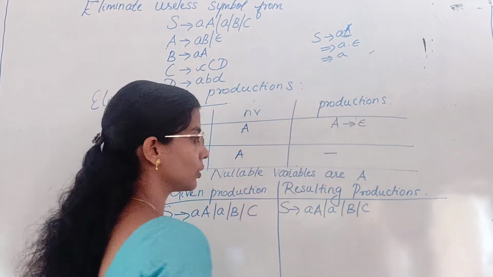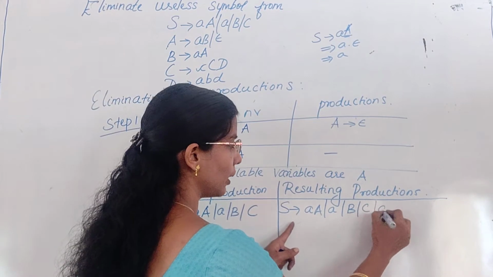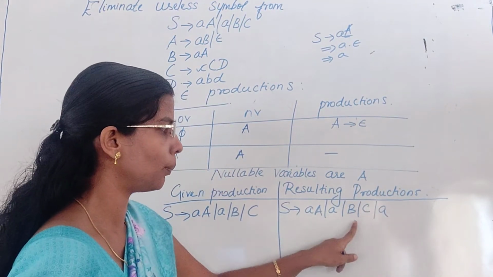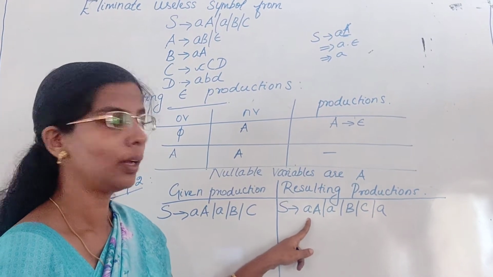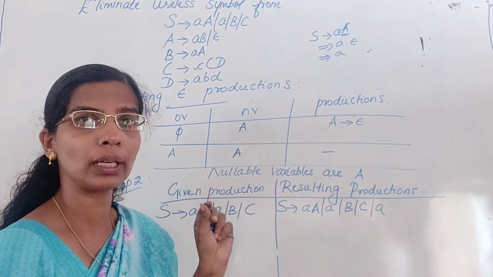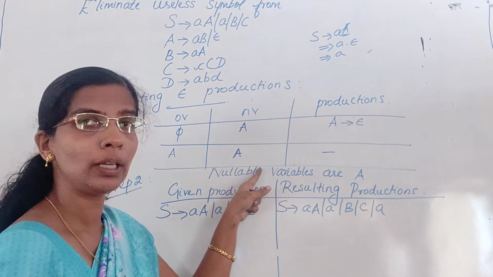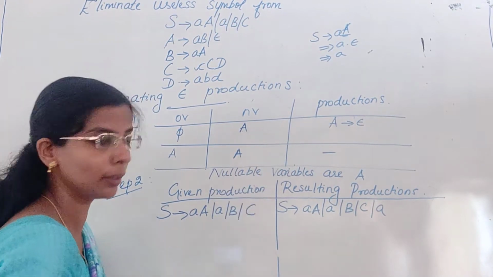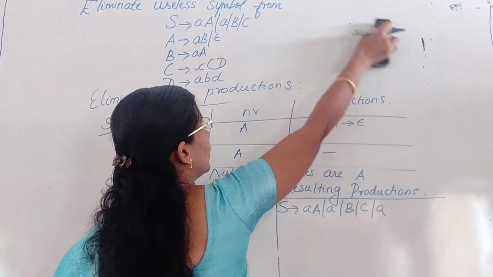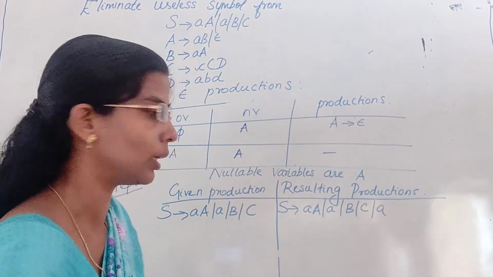I get A. So I will write this A. Is any other variable A there? No. That's it. Right? So whatever variables you are getting in step 1, only for those variables you can substitute null.